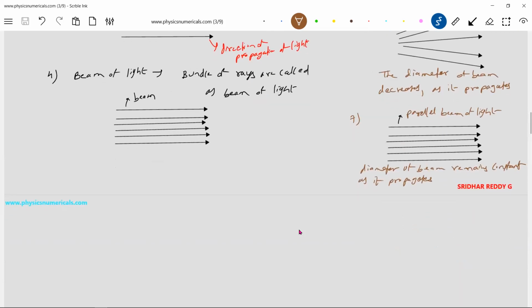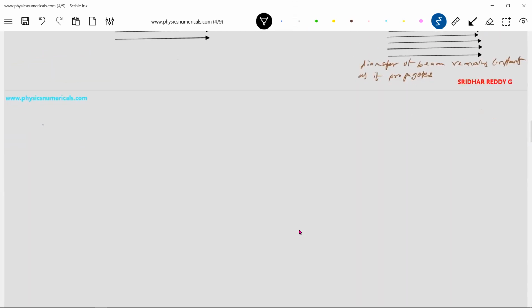Okay, after this, next again, the object. The types of sources, I think the number will be 8. Sources will be point source of light.